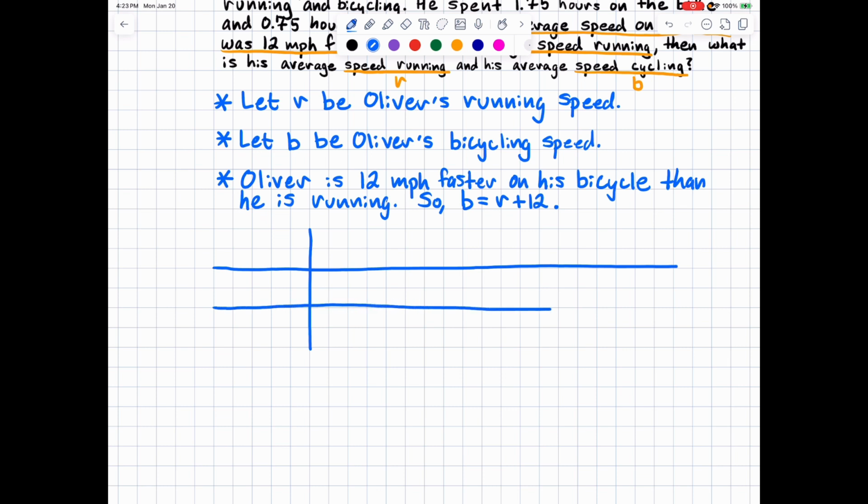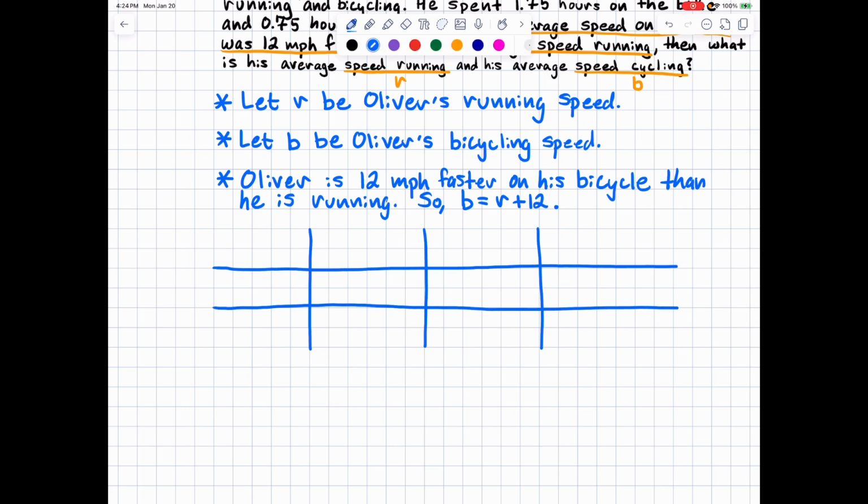Mine's not going to be perfect. I'm just going to make some lines here. Again, it doesn't have to be perfect. I even think I made this a little lopsided. That's okay.